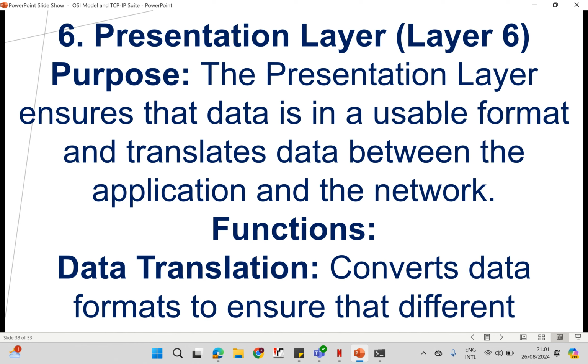The presentation layer ensures that data is in a usable format and translates data between the application and the network. So when you are seeing things, it is just like it is saying presentation, it's converted to the format that you can read, that I can also read.